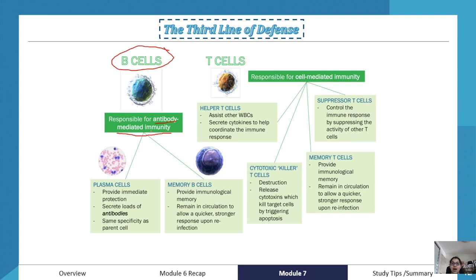And so the next time, if you get that same pathogen, if it comes back, these are the cells that are going to go, oh, I already have the antibody for it, let me go deal with it. Which is why that secondary exposure to a pathogen is faster, because we already have the antibodies ready to go. They also remain in circulation to allow for a quicker and stronger response upon reinfection.